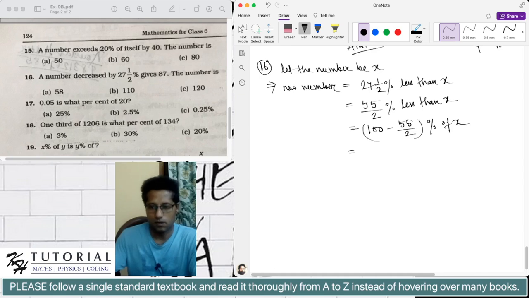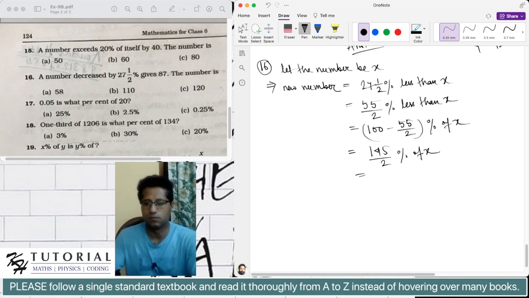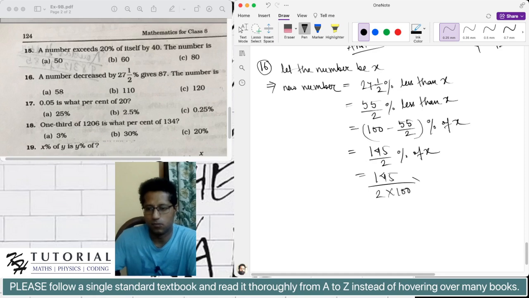If you simplify 100 minus 55 by 2, this becomes 145 by 2% of x. 145 by 2% means 145 by 2 multiplied by 100 into x.